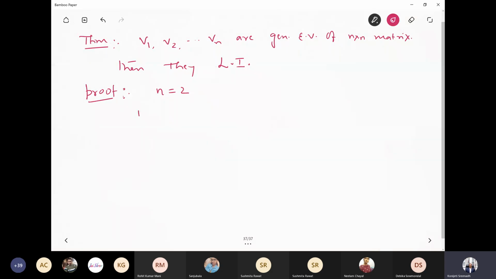We assume v1 equals u and v2 equals v are generalized eigenvectors. Then write c1 u plus c2 v equals 0. For linear independence, we have to show that c1 and c2 both are 0.